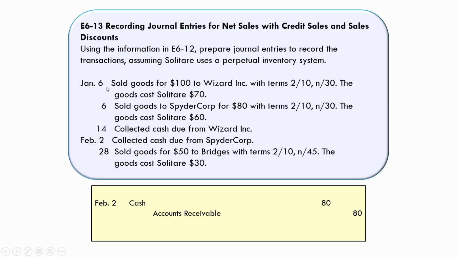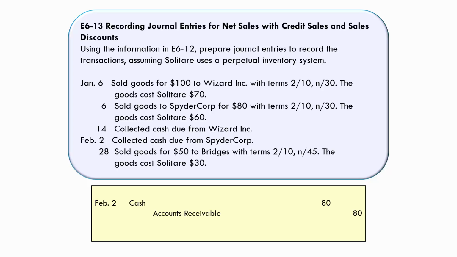They waited and they paid it on February 2nd. So they are very late. They are almost 2 weeks late in paying, and they're not near the discount period. So a reasonable company would not give them any discount, in which case they have to pay the $80, which we originally recorded in accounts receivable.